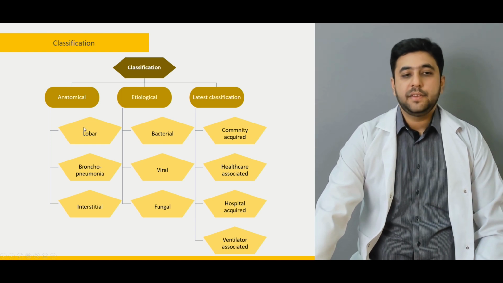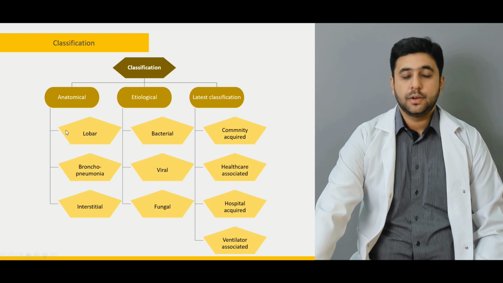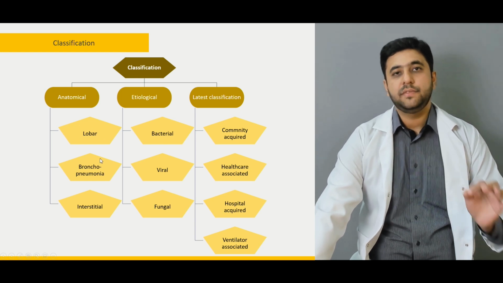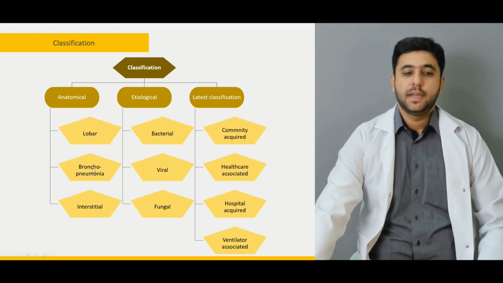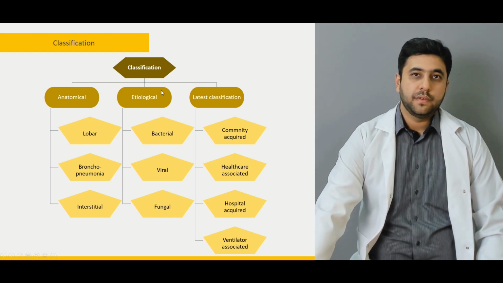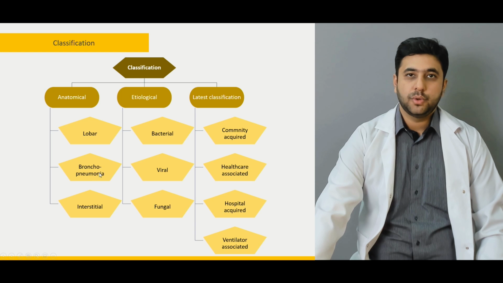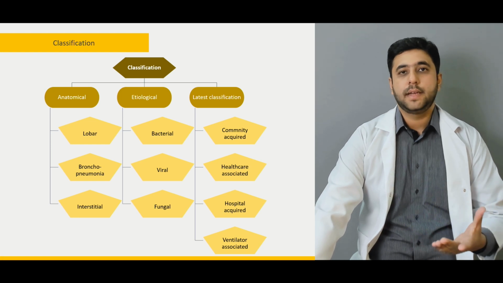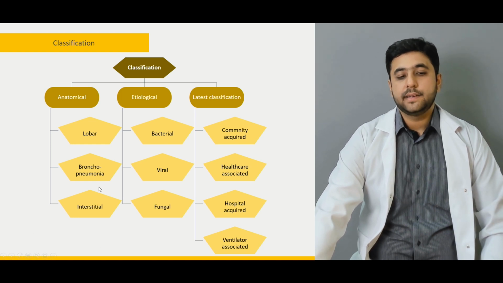If the pneumonia infects a whole lobe of the lung, it is called lobar pneumonia. If there is patchy inflammation involving different lobes and the small bronchioles are also involved, then we define it as bronchopneumonia. And if the major part involved is the interstitium, the connective tissue along with the alveolar air sacs, then it is called interstitial pneumonia.